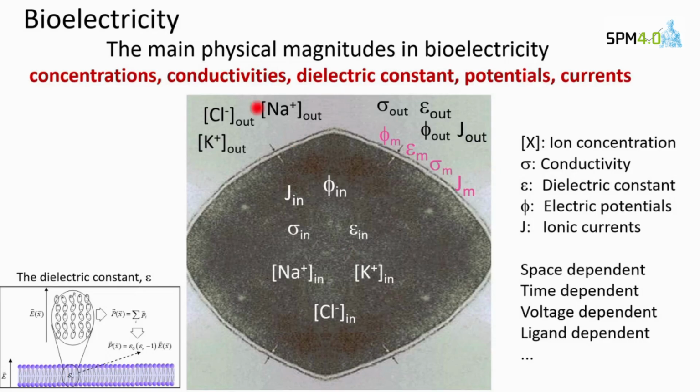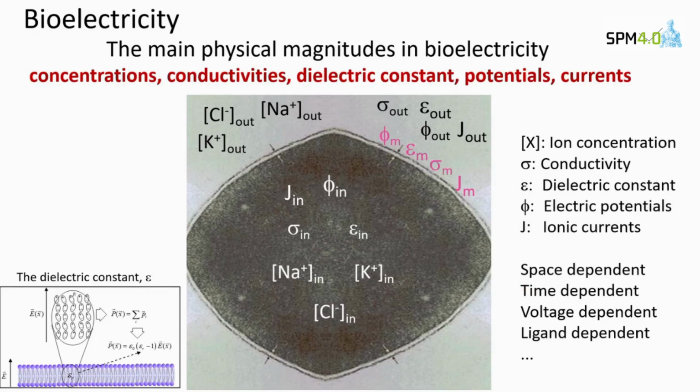Keeping a different concentration is the battery of our bodies, because when an ion channel opens, the concentration tends to equilibrate, and this produces fluxes of ions, which gives rise to the electrical activity of the cell.